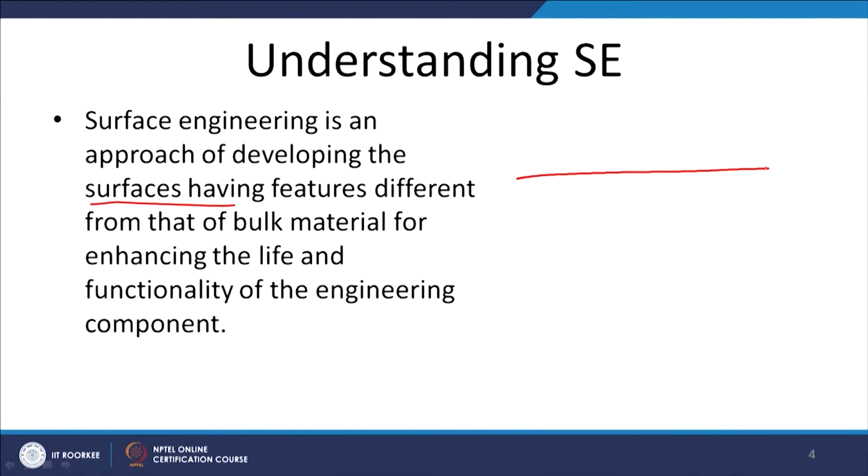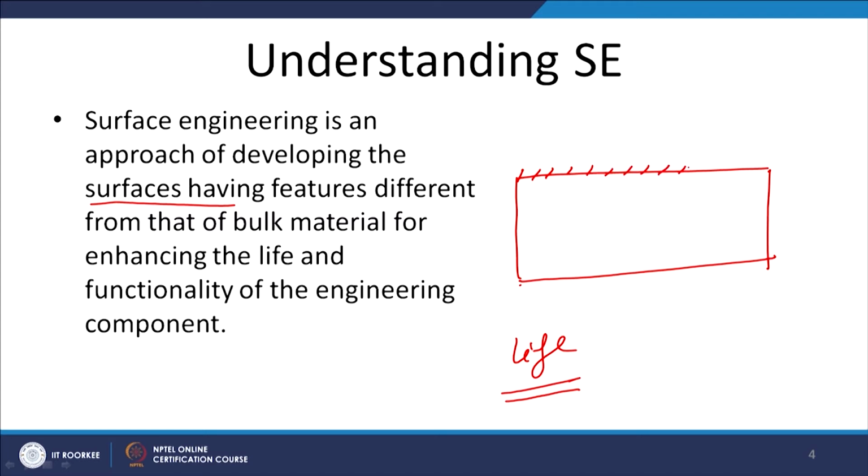So, what we do basically is consider a component for enhancing performance, either in terms of life, so that the loss of material from the surface takes place gradually at a reduced rate, or the functionality of the product is improved, meaning the properties of the surface are enhanced in such a way that it is able to perform the required functions.